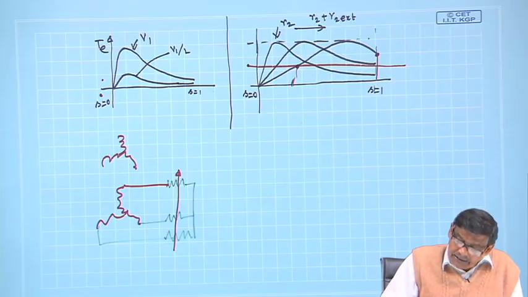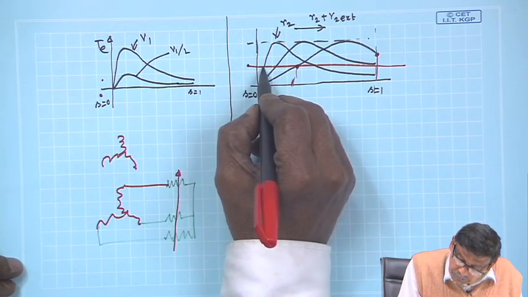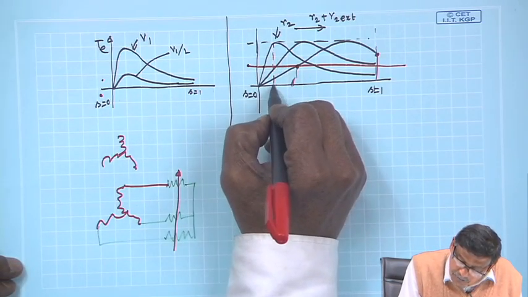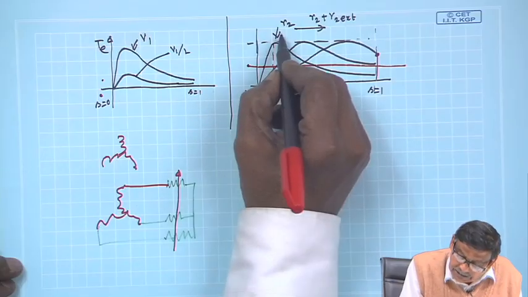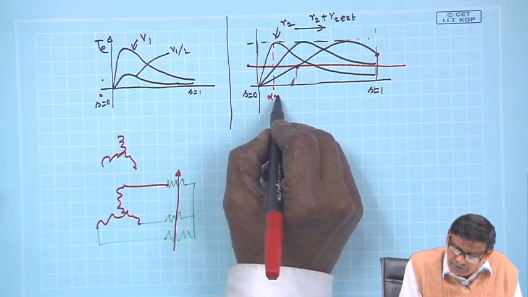That is why the maximum value of this alpha with its own inherent resistance R2 is about 0.1.